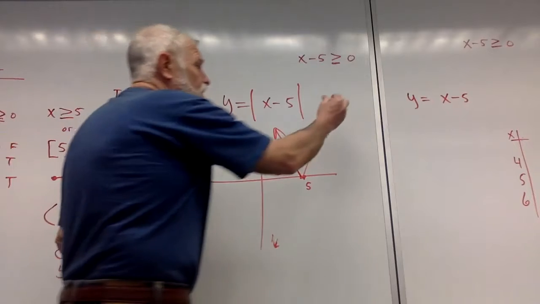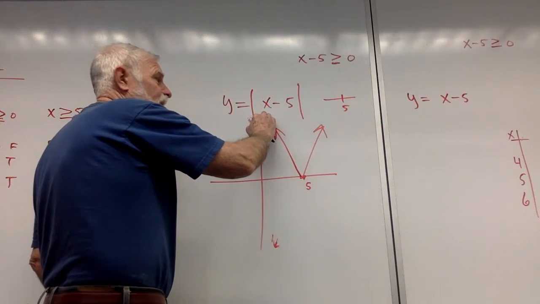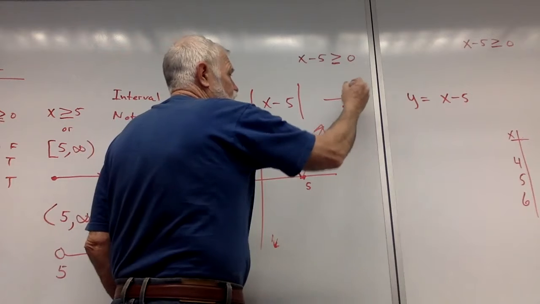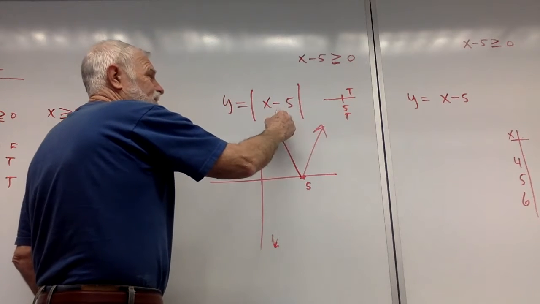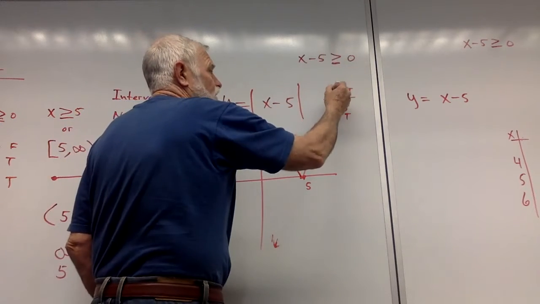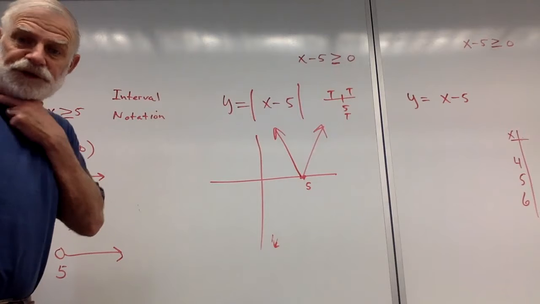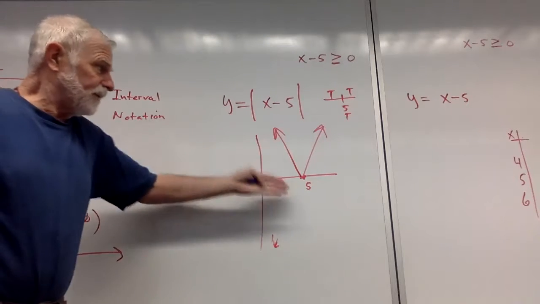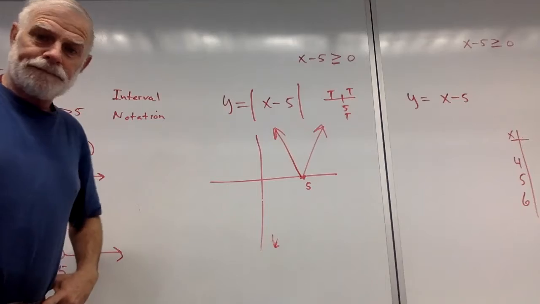Or you could still do a sign chart: plug a number in, put a million in, it doesn't matter, any number bigger than 5 gets us true. Put a 5 in, gets us true. Put a 0 in, 0 minus 5, the absolute value of negative 5 is 5, greater than or equal to 0? So you can do a sign chart, but I think looking at the graph was quicker. Just graph it, look, always positive or 0. Okay.